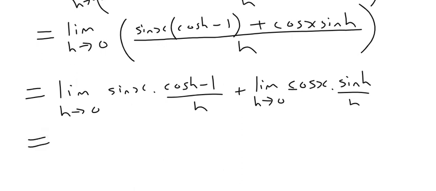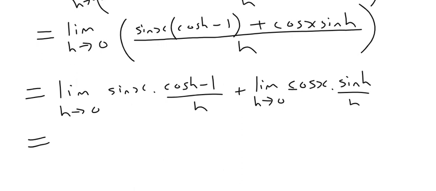We can now use two pretty standard limits. We can assume that cos h minus 1 over h approaches 0, and we can also assume that the limit as h approaches 0 of sine h over h approaches 1.